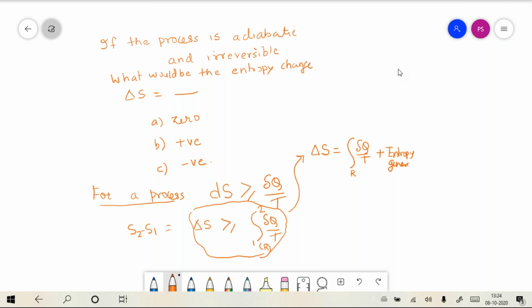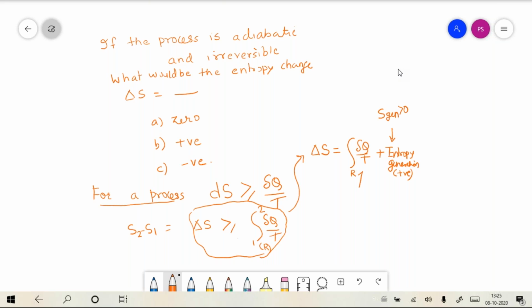Because if this term has to be greater, then this entropy generated always has to be greater than 0. Then this inequality can be replaced by equality. This term is the entropy change because of the heat transfer, so it is called entropy transfer, because along with the heat flows the entropy.